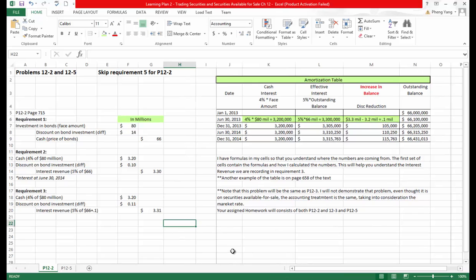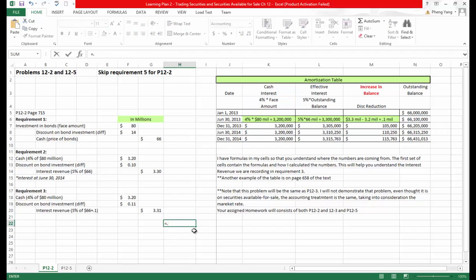Okay, so let's double check our numbers. I had to go back and fix a few things here. Apparently, when I created the table, I was using the incorrect interest. So I went back and fixed everything. So basically, let's double check our numbers.